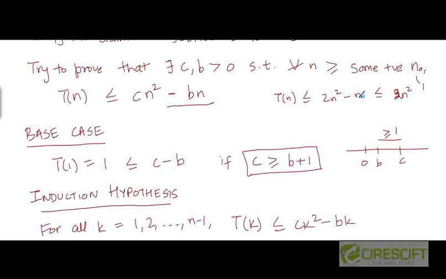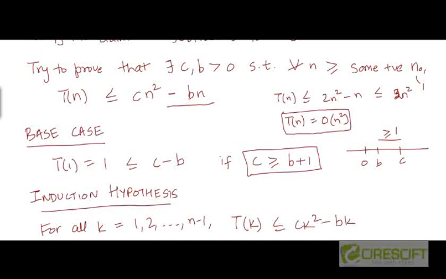In fact, it will be true even for n equal to 1. If T of n is less than or equal to 2n square minus n, T of n must be less than or equal to 2n square as well. This means T of n is bounded from above by a constant multiple of n square. So we have proven that T of n is in big O of n square.